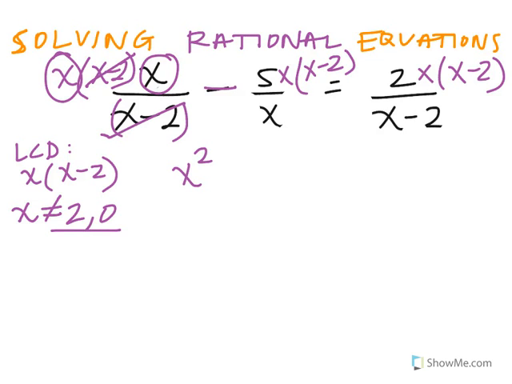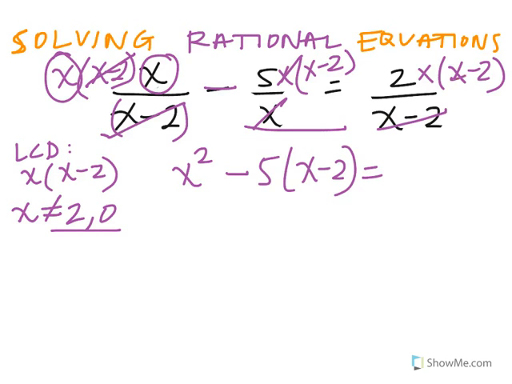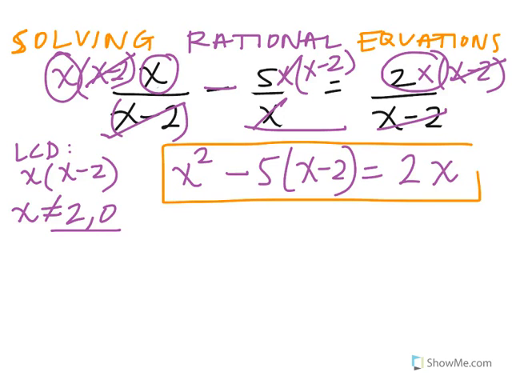We have a minus sign, so I'll bring that down. In this term, the x's cancel, leaving me with 5 times x minus 2. On the right-hand side, I have a common factor of x minus 2 on numerator and denominator, so those cancel, leaving me with just 2 times x. Take a look at this equation: much simpler. There are no fractions, so it's going to be easier to solve.